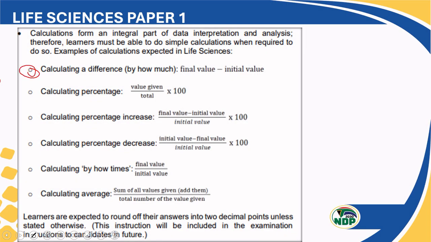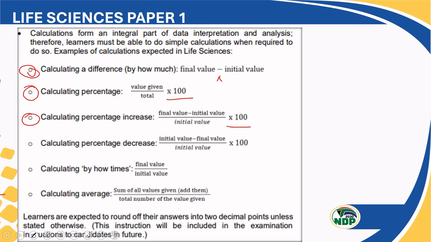And then there are a number of calculations that you need to learn for your exam. Firstly, you need to calculate the difference. Difference means you are going to subtract. You need to calculate percentages. Whenever you are calculating percentage or percentage increase, ensure that you write times 100.